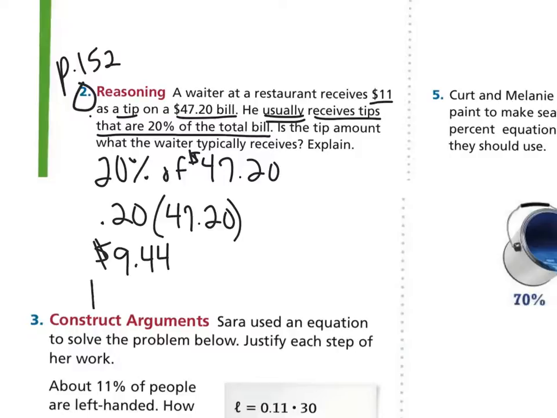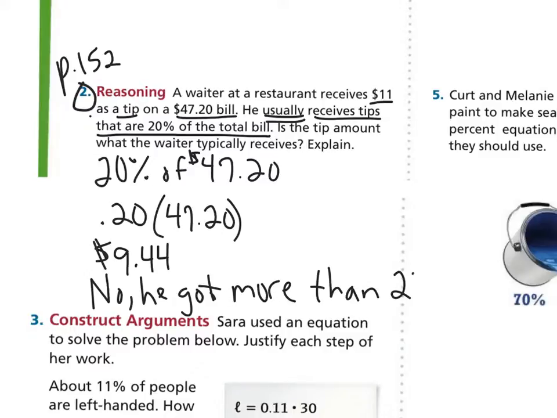So we could say no, he got more than 20%. Okay, and that's again an option as far as the amount of tip. 15% is one you hear a lot of times as far as leaving a tip, but again, that's up to the individual and up to how you felt your service was at the restaurant.